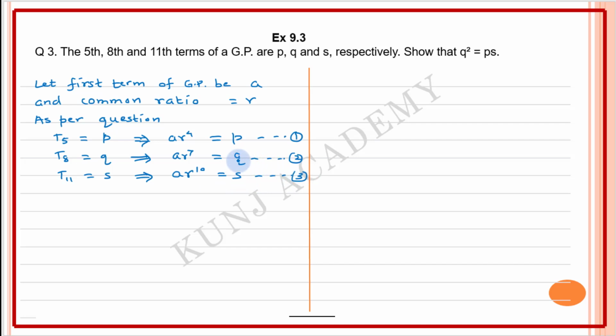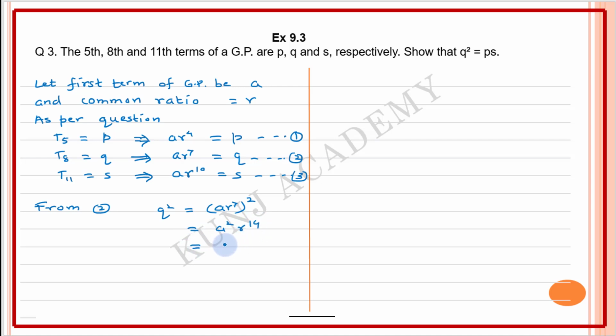Now from 2, Q square is equal to (ar^7) square is equal to a square r^14.